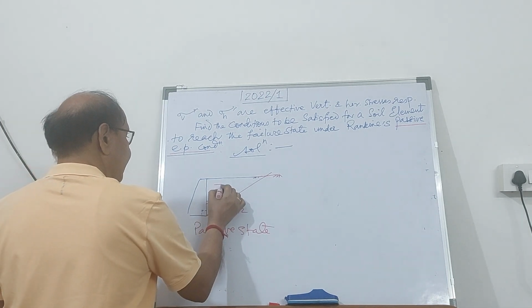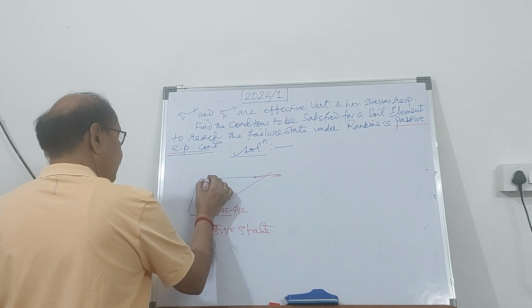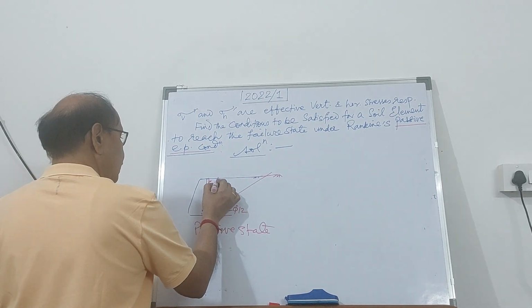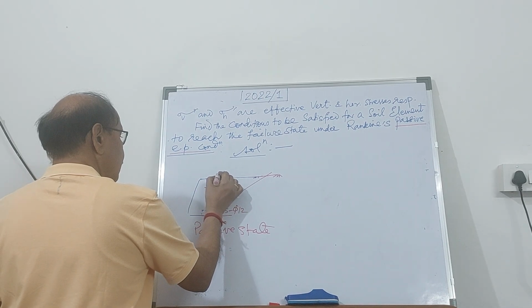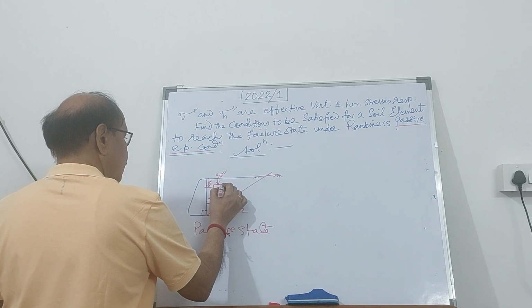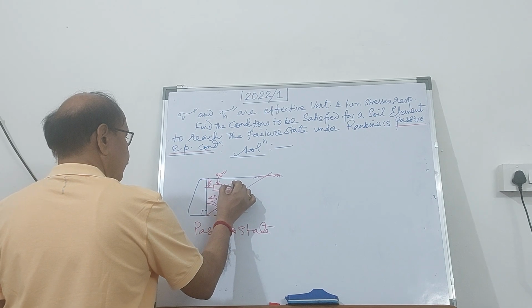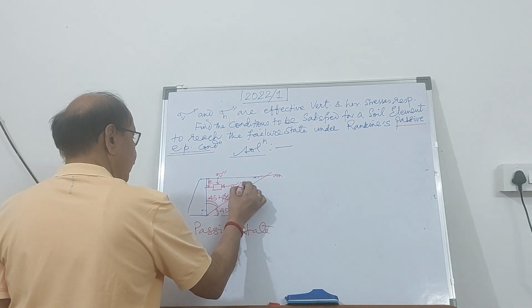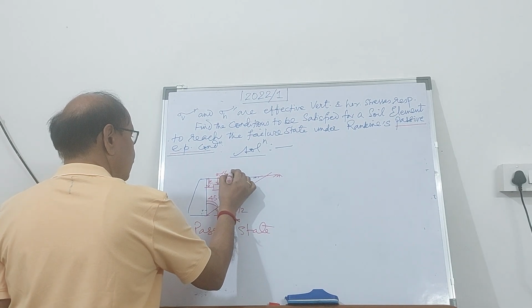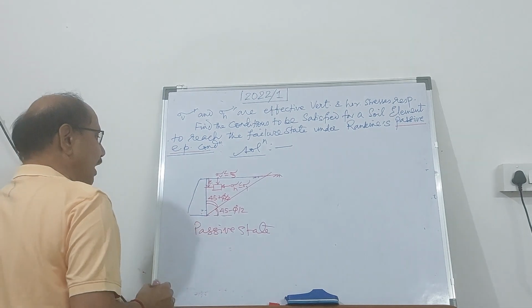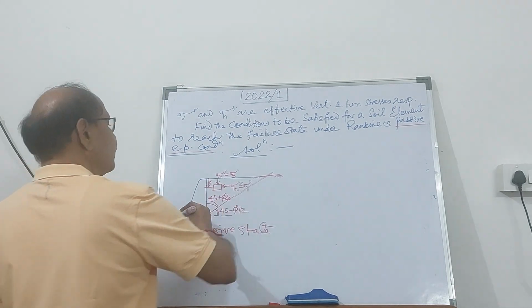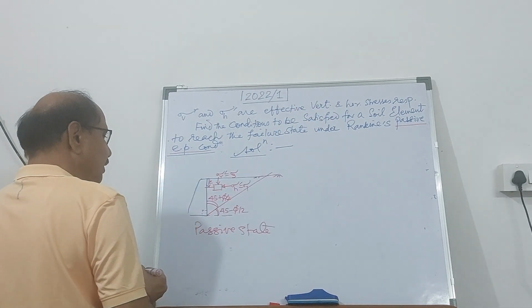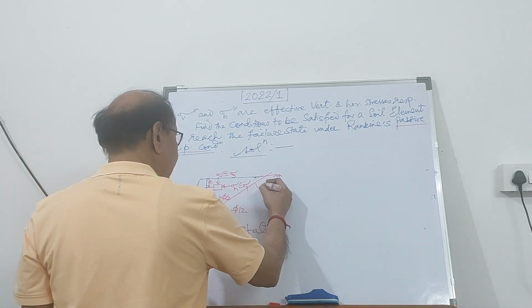So if I take any soil element, this is going to be sigma 1 and this is going to be minor, because it has a tendency to move up the failure plane, and this is the failure plane.